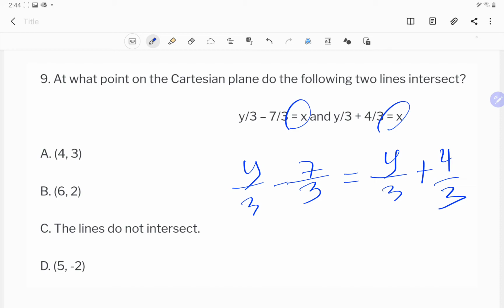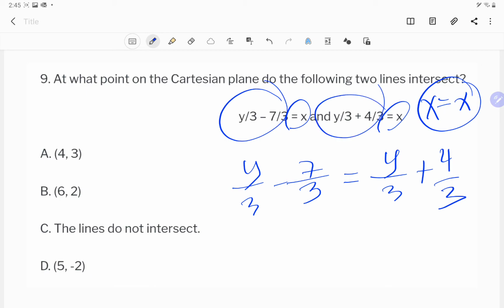But in this case, this is the easiest way to do it. Since these equations are already solved for the variable x, we can use substitution. So we can substitute the value of x. That means x is equal to x, so we can just set these two equations equal.